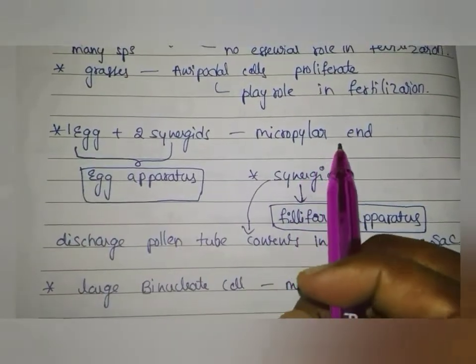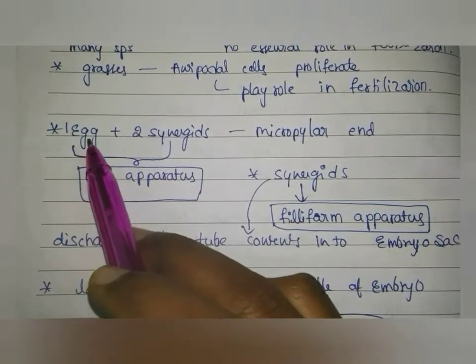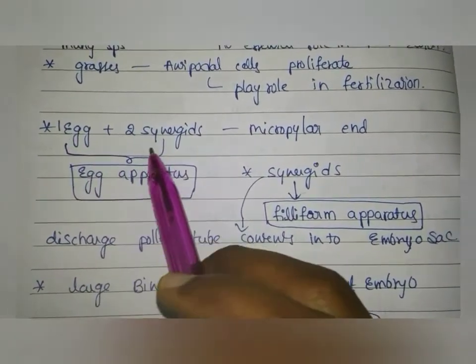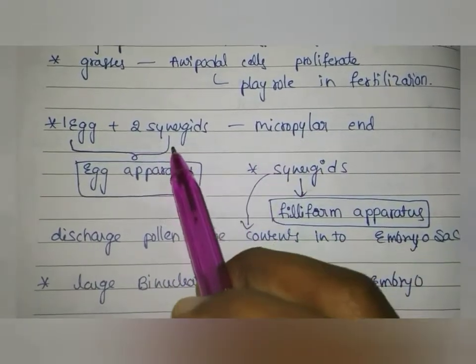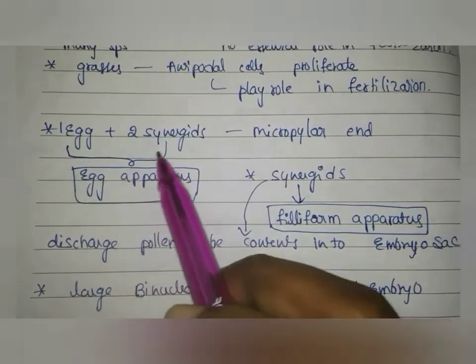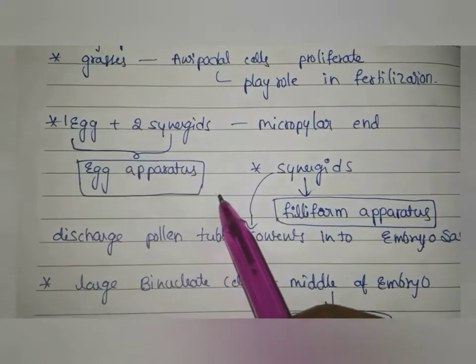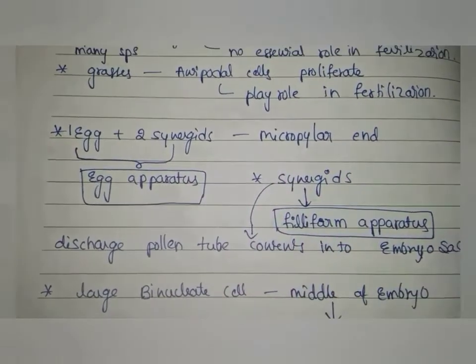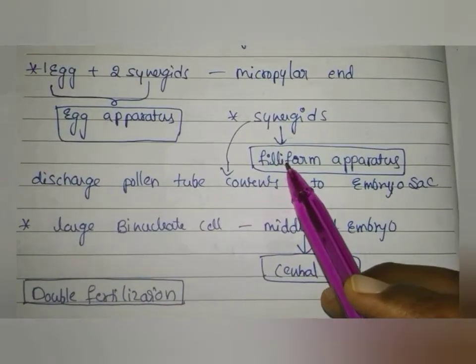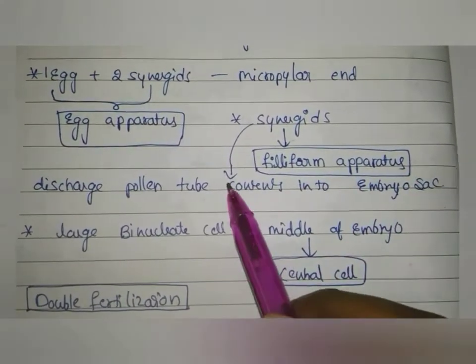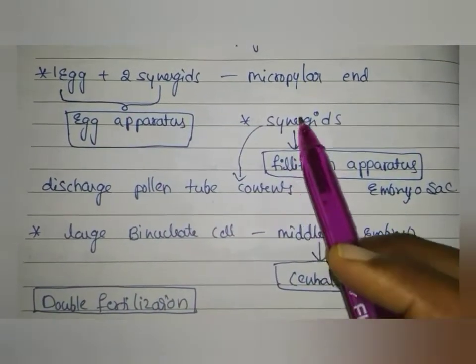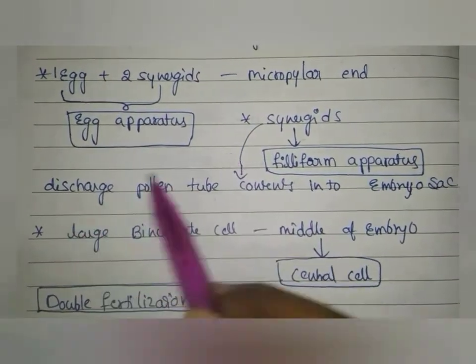The micropylar end of the embryo sac contains one egg cell and two synergids. This one egg cell and two synergids present at the micropylar end make up the whole structure called the egg apparatus. Synergids have a filiform apparatus, which is present in the synergids.